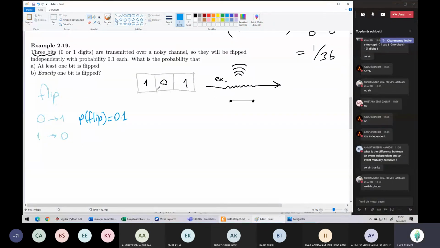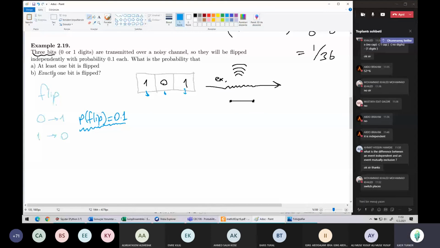They don't change places, but the value can be changed: 1 to 0, 0 to 1. Then the probability of changing is 0.1 for each digit.